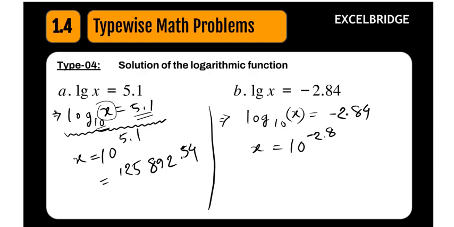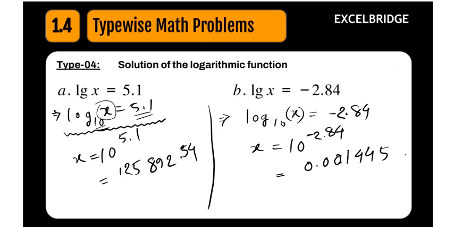By using a calculator we have calculated the value, and the value is 0.001445.